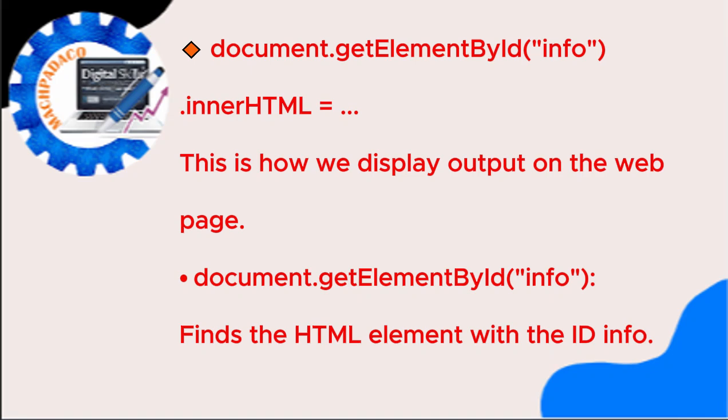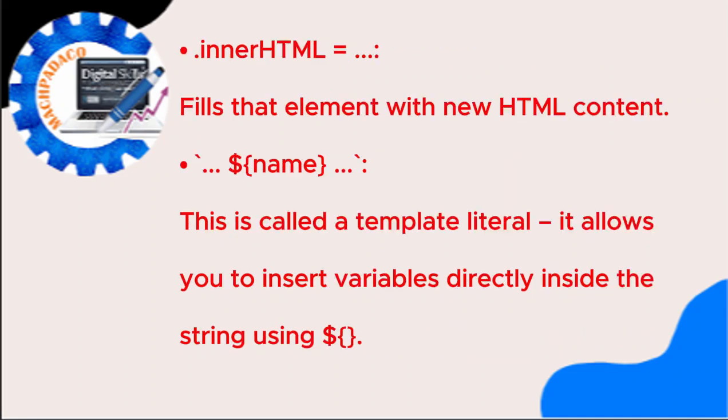Document.getElementById info.innerHTML. This is how we display our output on the web page. Document.getElementById info finds the HTML element with the ID info. innerHTML fills the element with new HTML content, that is $name.